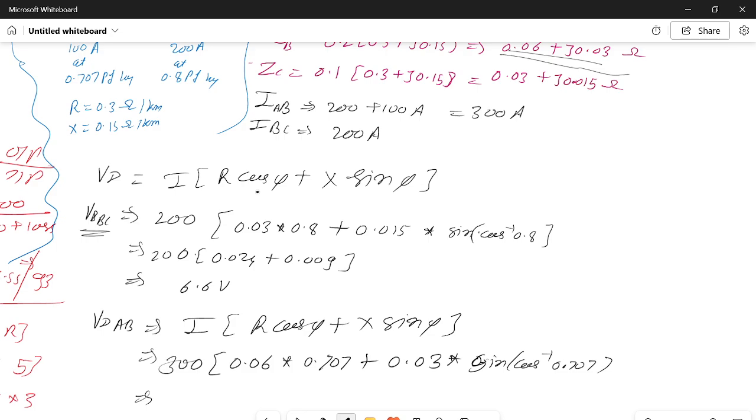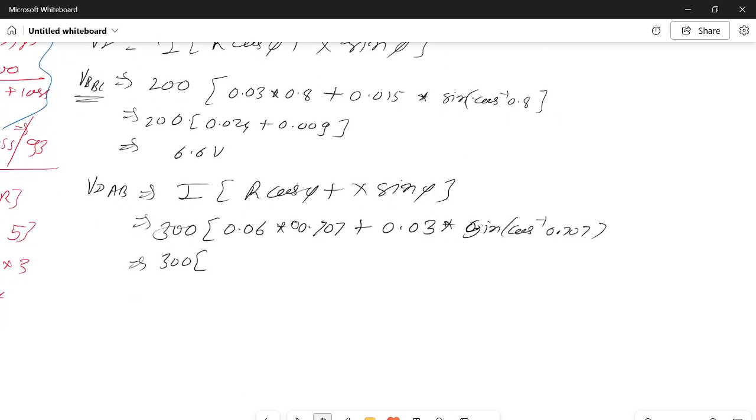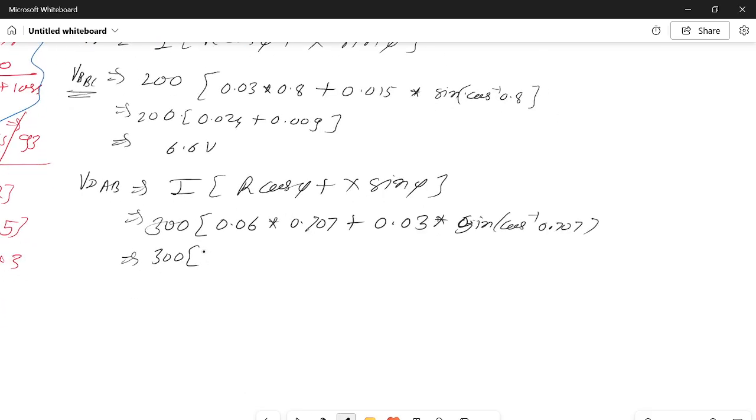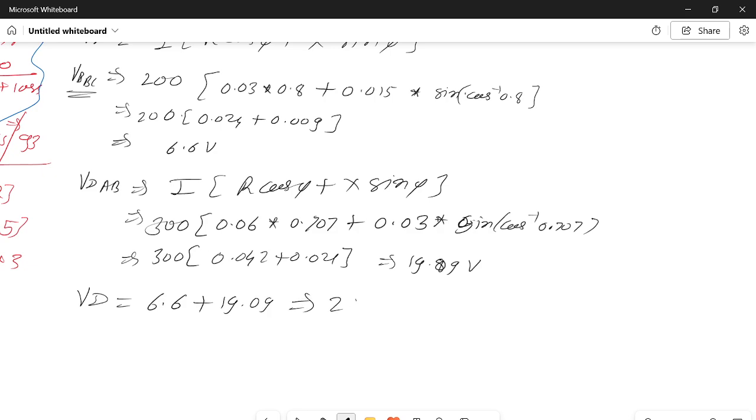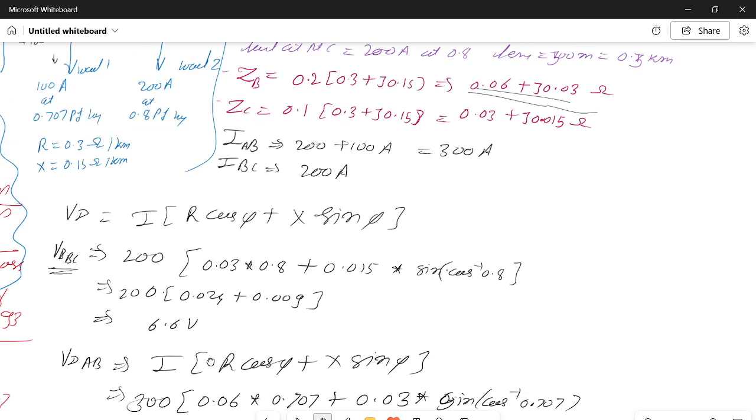After solving this you get 300 into (0.042 plus 0.021), which is 19.09 volt. So the total voltage drop is 6.6 plus 19.09, the drops between BC and AB, which gives you 25.69 volt. So this is how you calculate the voltage drop.